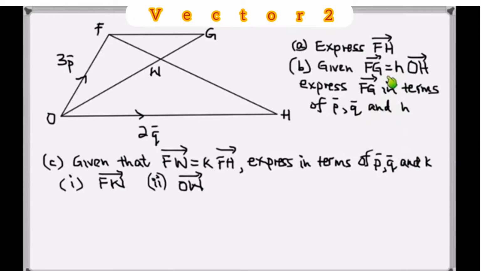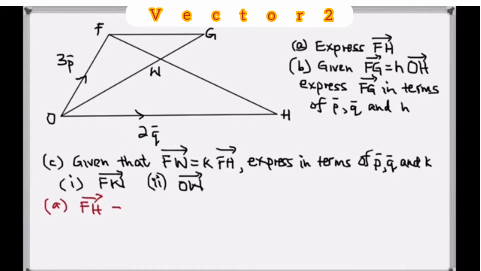This means we'll use a constant here as mentioned. So on part B, FG is equal to h OH, which means we'll multiply the constant by this quantity.